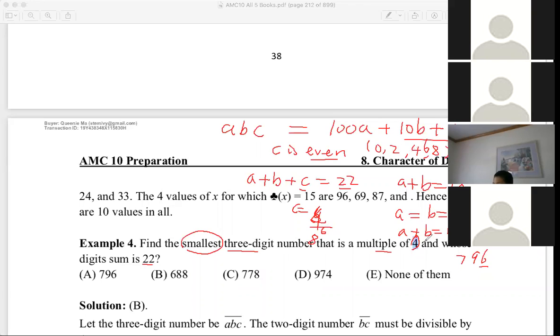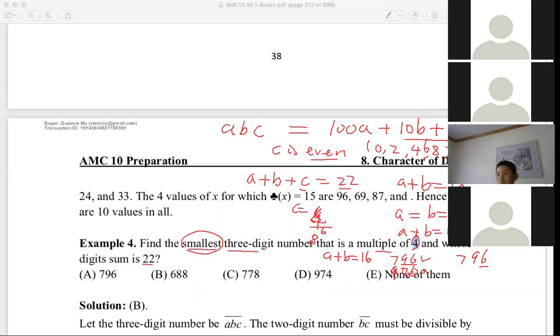If C equals 6, then A plus B will equal 16, right? Then we have two choices. That's 7, 9, 6. This is one number. Another will be 9, 7, 6. Definitely this one is not divisible, the last two digits are not divisible by 4. This one is divisible by 4. This one also works.